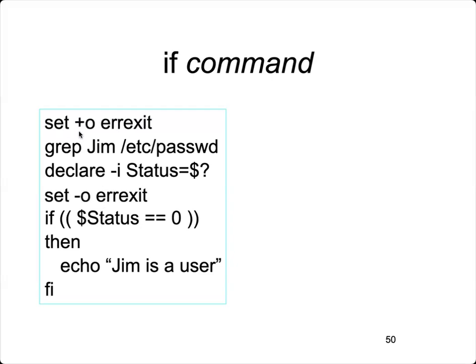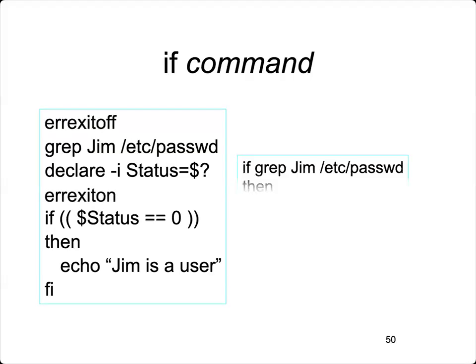And we also need to turn off the error exit if we've got stringent in place, because if Jim wasn't found in the password file, then the script would fail right there. So the graceful solution to that is to just do the grep in the if statement. So if Jim is found in the password file, Jim is a user.